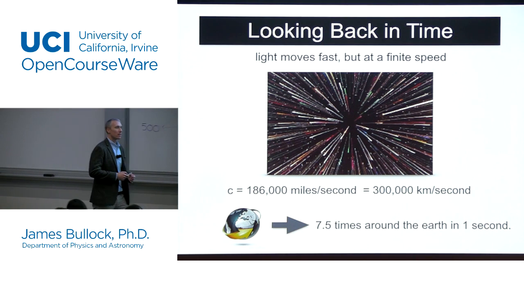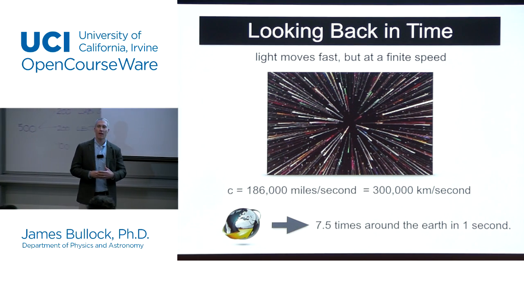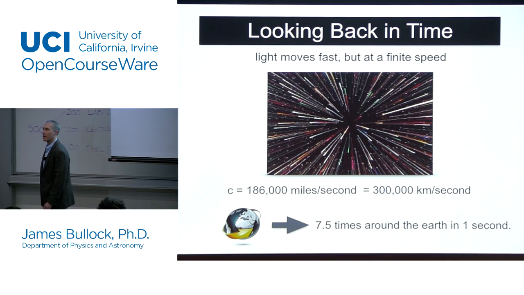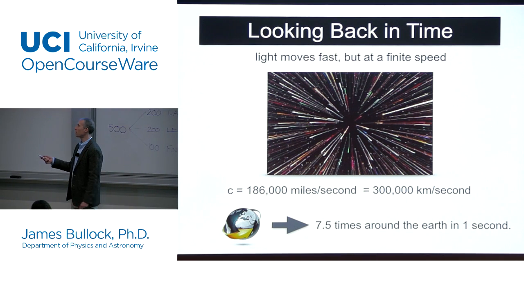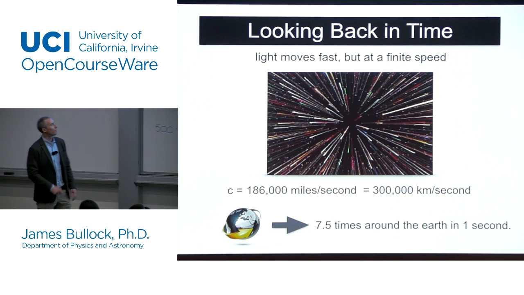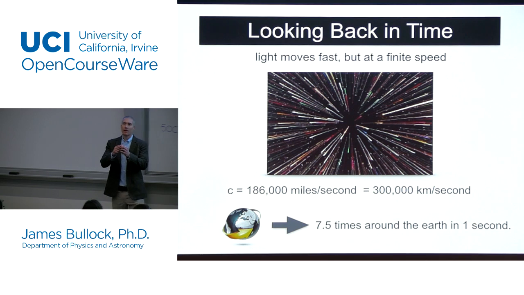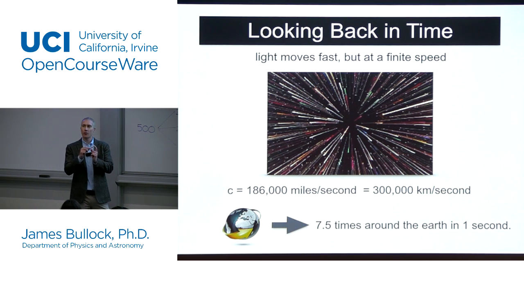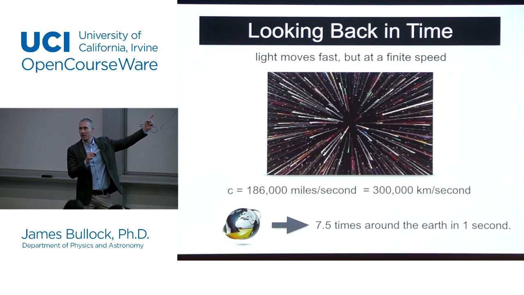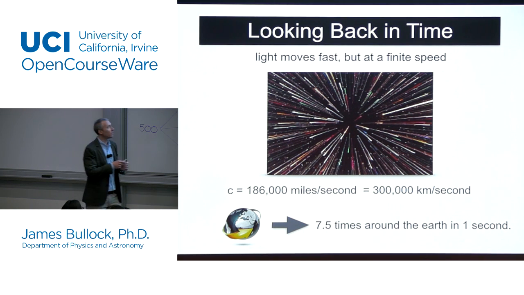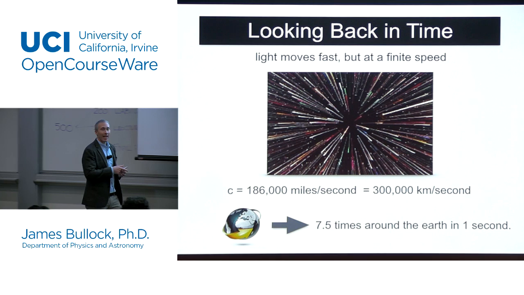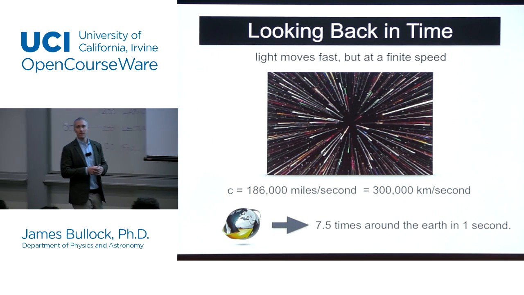Now, light, in our everyday experience, travels instantaneously, right? I press the button on the laser pointer, and suddenly something appears semi-instantaneously on the wall. Right, boom. But really, the light from this laser pointer is traveling at a finite speed until it hits the screen. It's traveling at about 300,000 kilometers a second, which is the same as 186,000 miles per second.